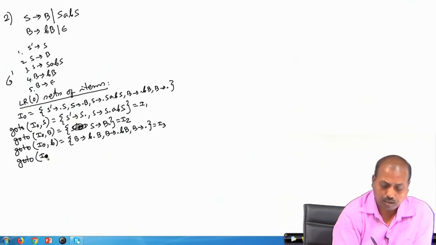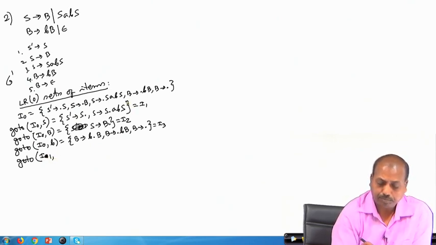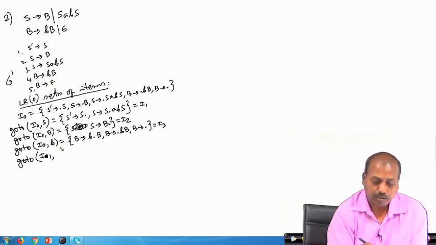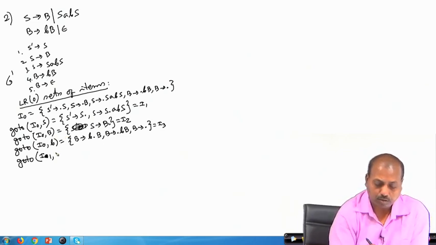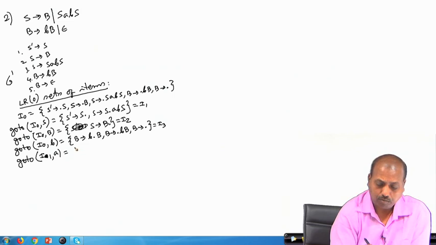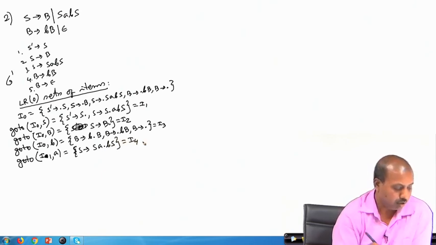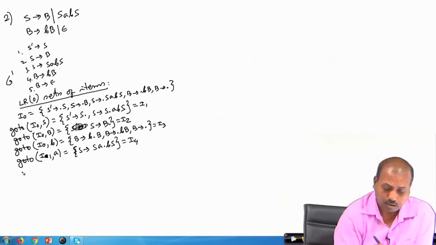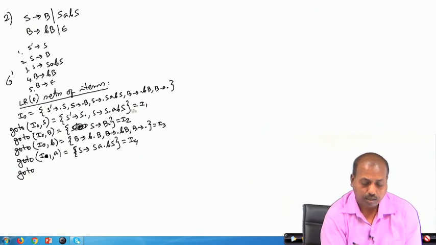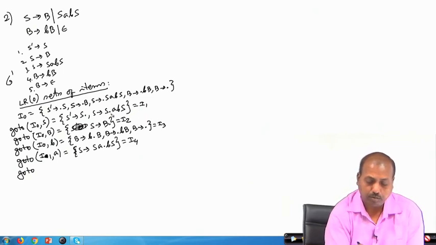Go to I1, from I1 we can go on small a, to the item S A dot B S. So, that is I4. Now, go to I1, I cannot go anymore, there is no other dot.